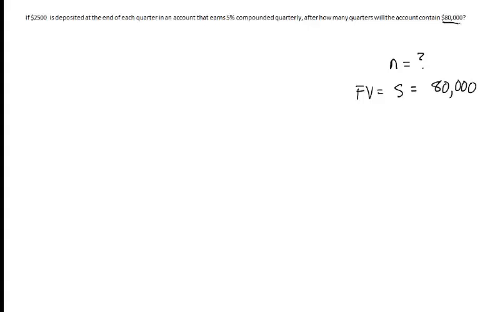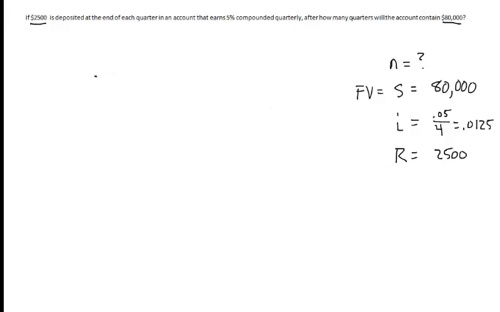And I, which is equal to little r, our rate, 0.05, divided by the compound, is equal to 0.0125. We know that capital R, the payment, is equal to 2,500, and we got that from the beginning of the problem.